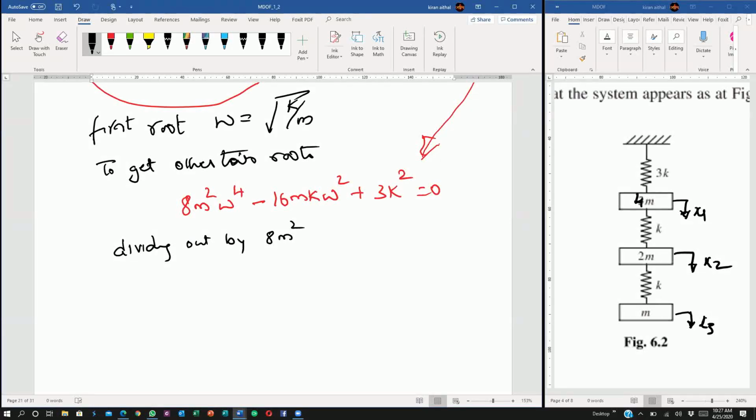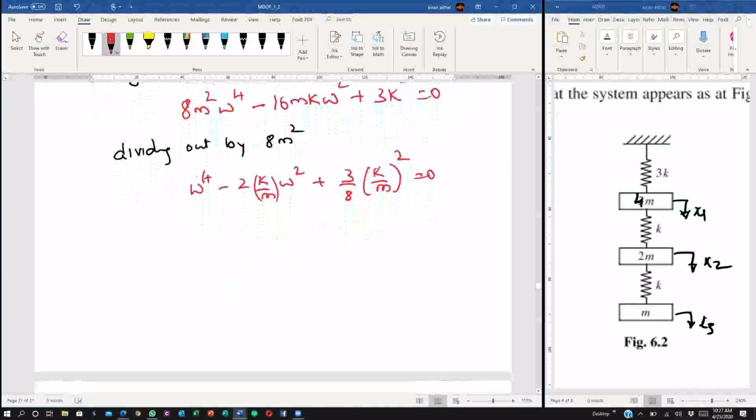What I am going to get here, you can check it out: omega to the power of 4 minus 2 k by m into omega square plus 3 by 8 (k by m) whole square is equal to 0. So this is the equation that we get.